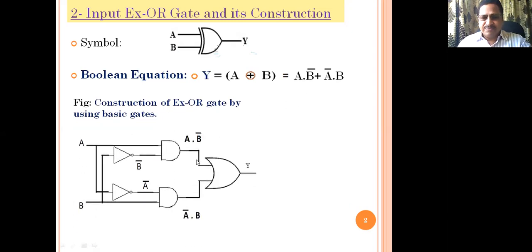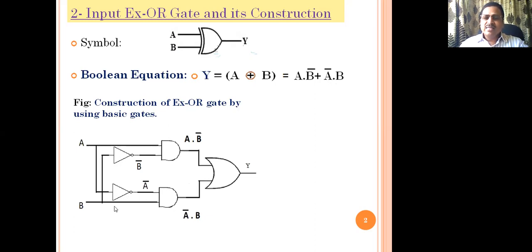A very simple diagram. To get the first term, A and B bar, you have to use an AND gate, having A as input and the second input as B with inversion, B bar. So ANDing of this will be A and B bar. Then the second term of the equation is A bar and B. To get A bar from A, use a NOT gate.